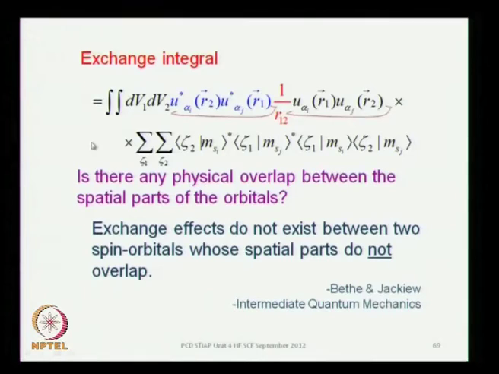So, for the exchange contribution to be significant, there must be an overlap between the two states. If there is no overlap, this whole integral will vanish. So, that overlap is essential, which means that exchange effects do not exist between spin orbitals if their space parts do not have any overlap.